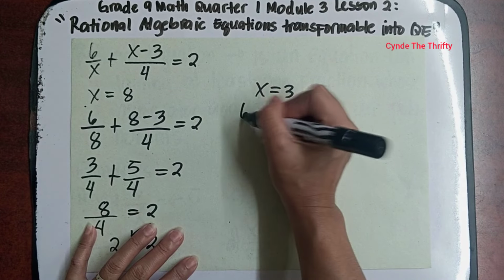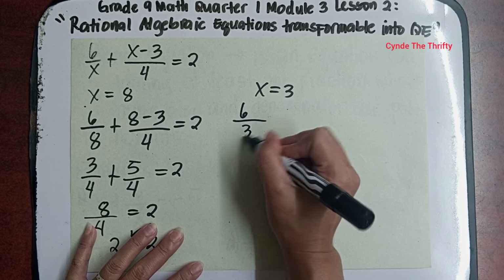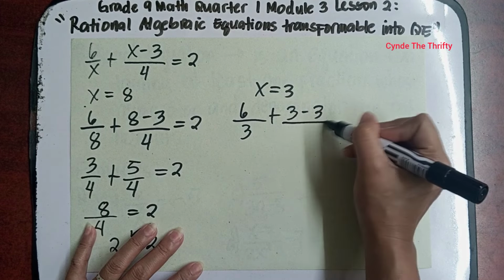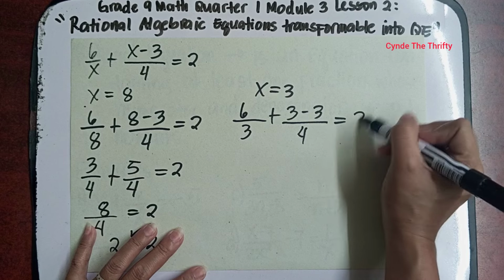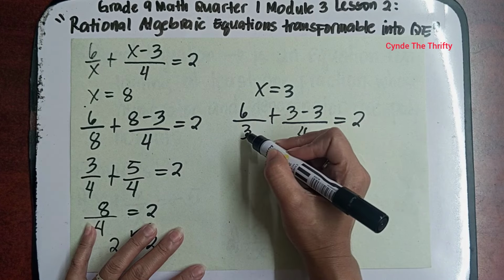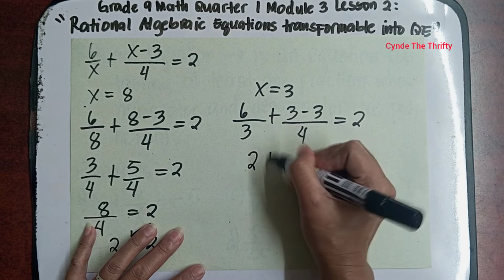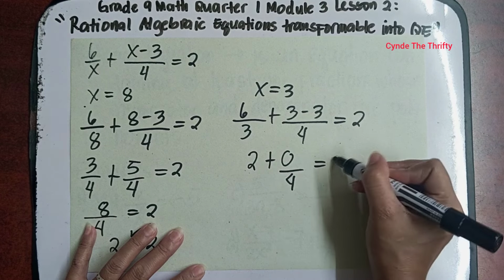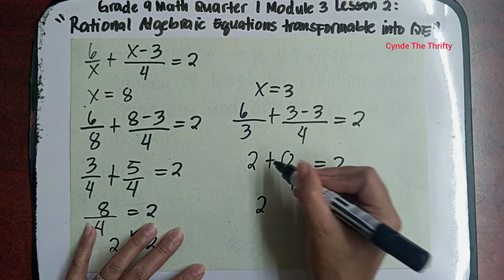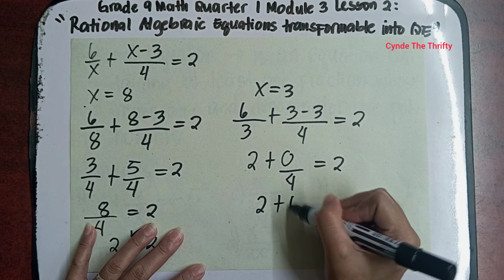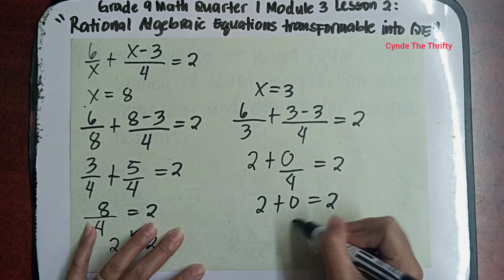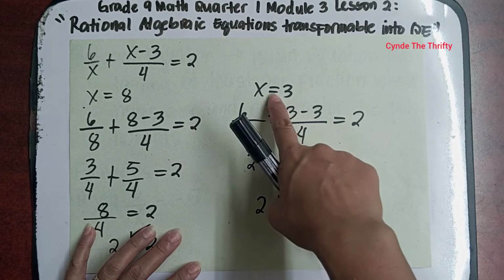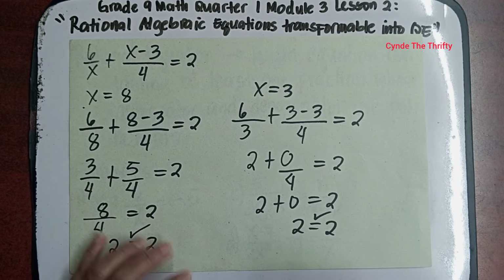So, 6 over 3, plus 3 minus 3 over 4 is equal to 2. Okay? So, 6 divided by 3 is equal to 2 plus 3 minus 3 is equal to 0 over 4 is equal to 2. So, 2, 0 over 4 is equal to 0. So, 2 is equal to 2. Check. Okay? So, tama yung solution natin na x is equal to positive 3.